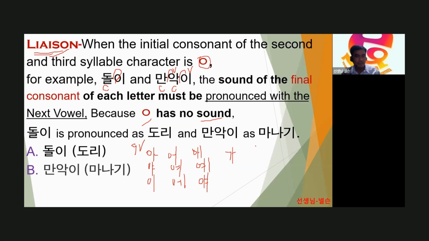So it can't be written like this, for example, ga. That's wrong. But if it's just a single vowel, for example a, this is how it's written. This character is the initial consonant, then the main character is the vowel a.